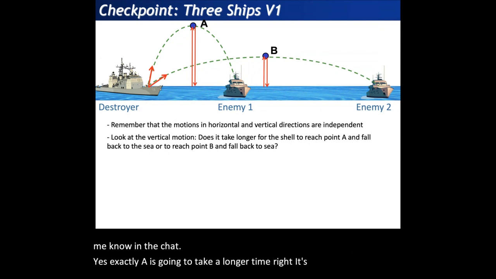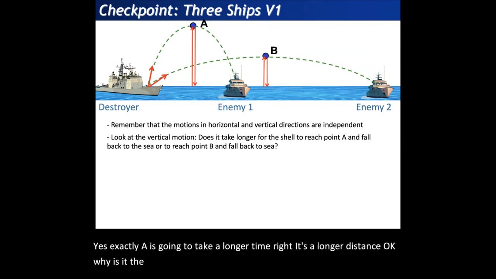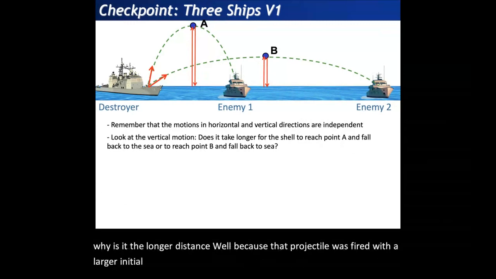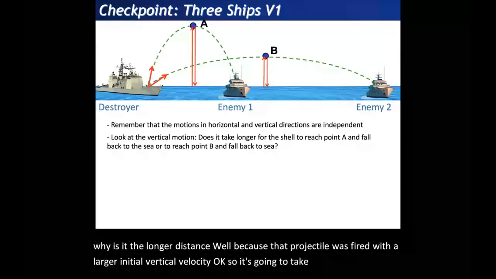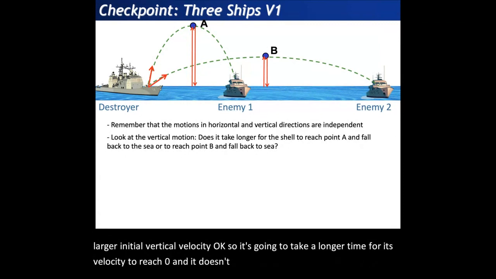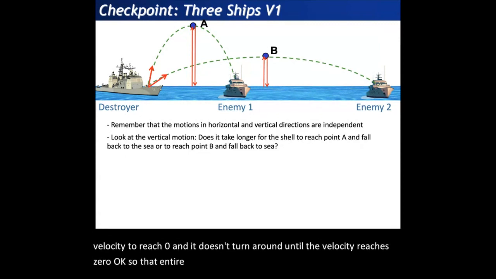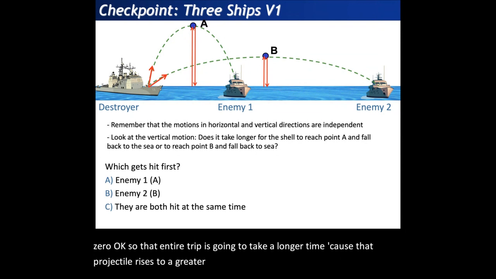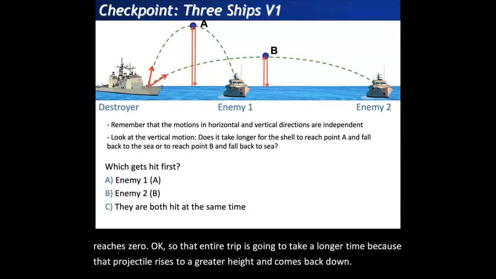It's a longer distance. Why? Because that projectile was fired with a larger initial vertical velocity, so it's going to take a longer time for its velocity to reach 0, and it doesn't turn around until the velocity reaches 0. That entire trip takes longer because that projectile rises to a greater height and comes back down. So which gets hit first?